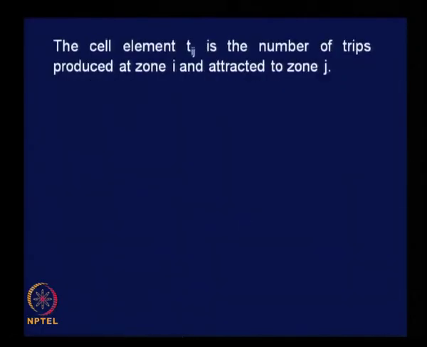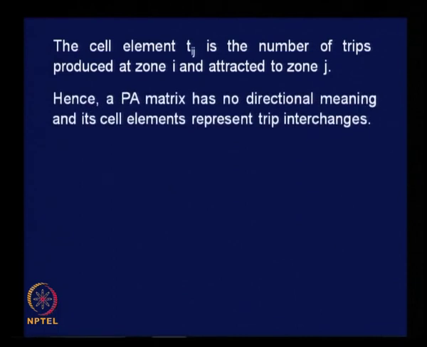To summarize the same thing, we can say the cell element Tij means the number of trips produced at zone i and attracted to zone j. Hence a PA matrix has no directional meaning and its cell elements represent trip interchanges only. This is a very important statement.